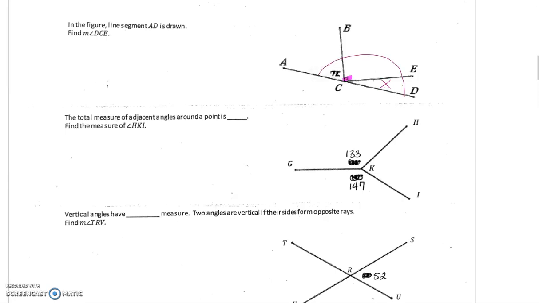Don't all three of them make a straight line together? So angles that form a straight line together add to 180, right? Straight lines measure 180. So we're going to do 72 plus the 90 that we have, plus the one that you don't know, and those things add up to 180.